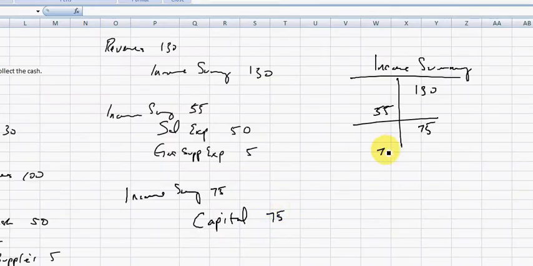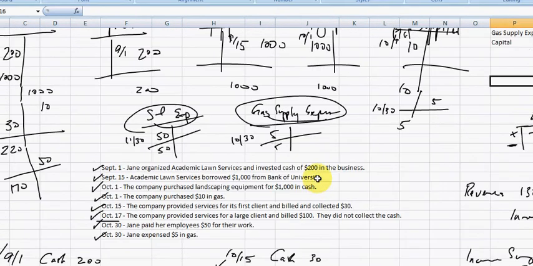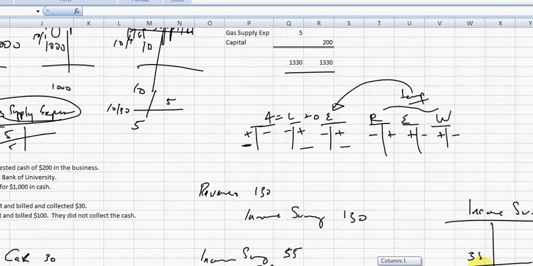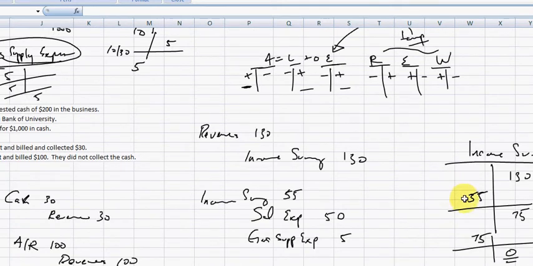So here we'll take 75, and that'll close it out to 0. For our expenses, we can close them out here, the 50 and the 5, since we already know that we did the 50 and the 5 right here as 55 under the income summary T account.